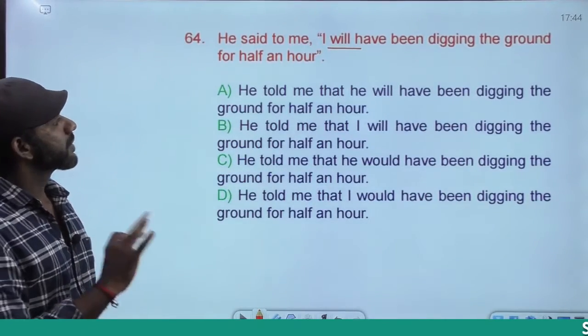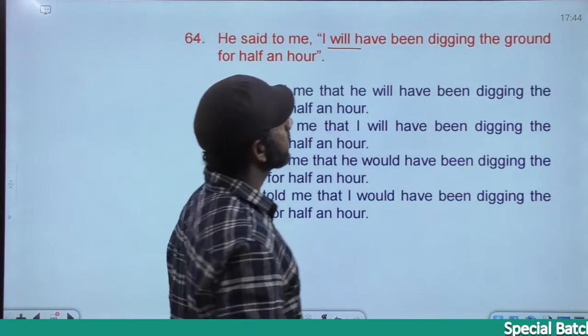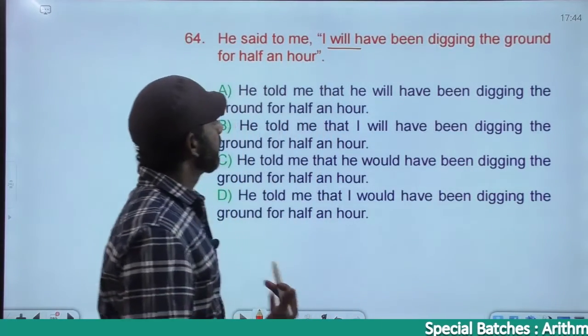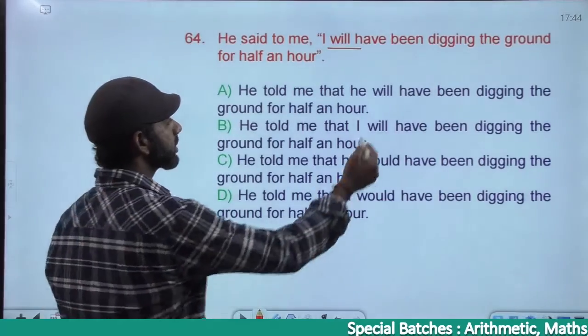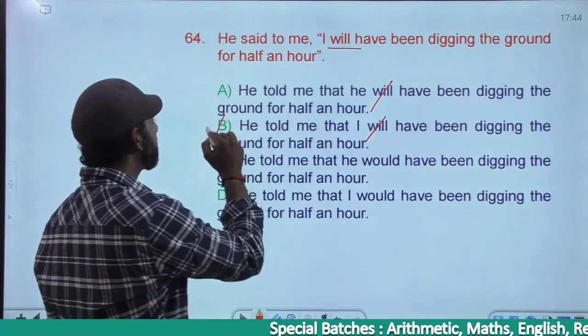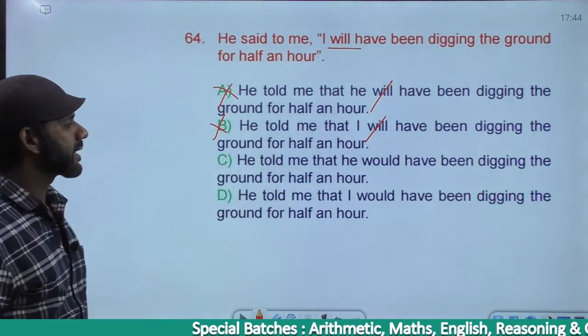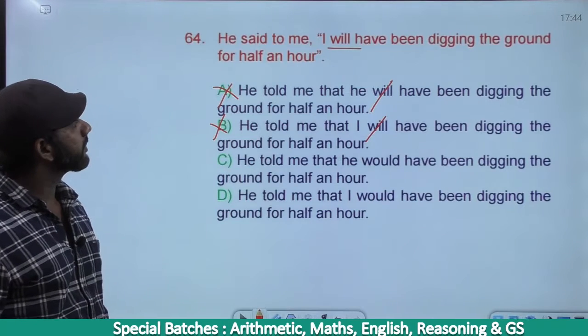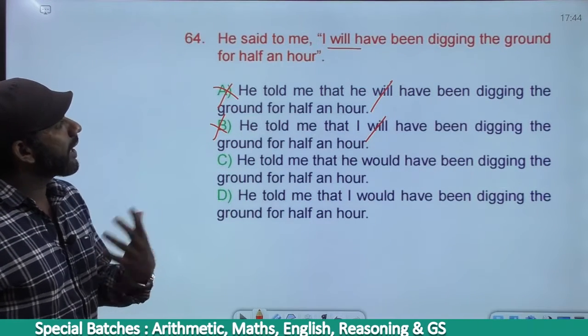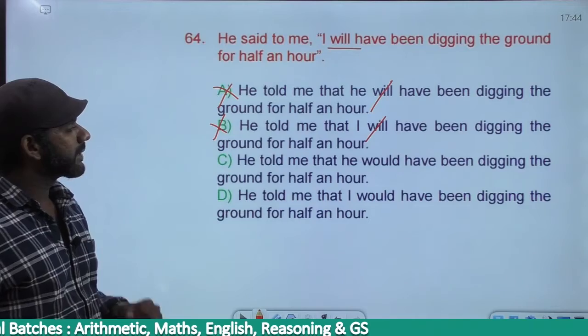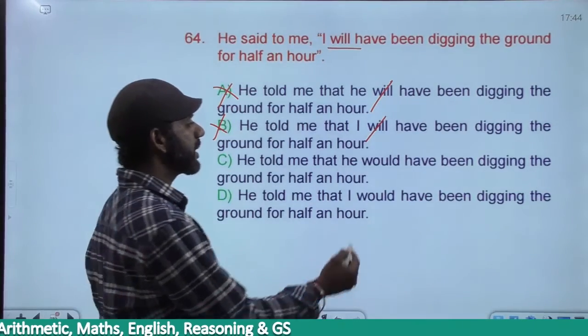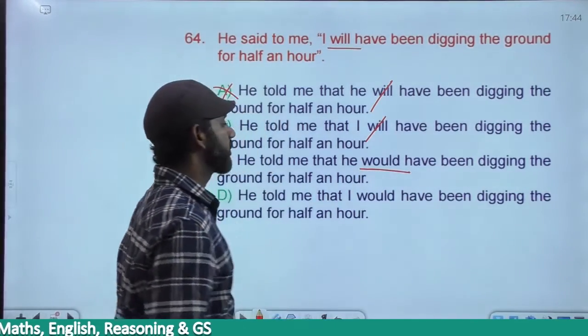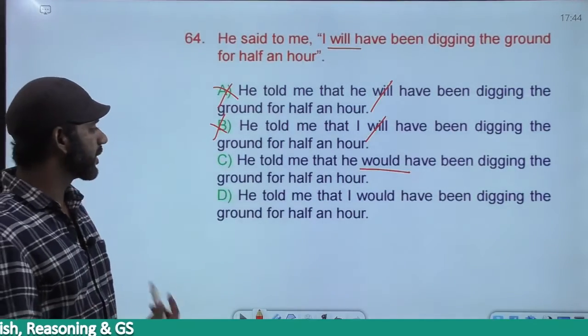So I will have been digging the ground for half an hour. Will changes to would. Based on that, A is eliminated, B is also eliminated. A and B say will. Fine. Come to option B. So he said to me, I will. Fine. He told me that he would have been digging the ground for half an hour, must be considered. Come to Delhi.